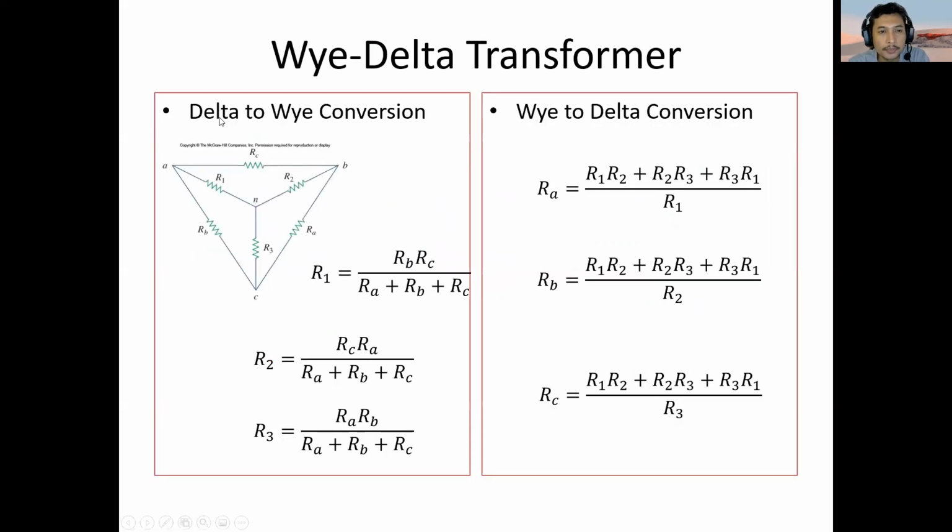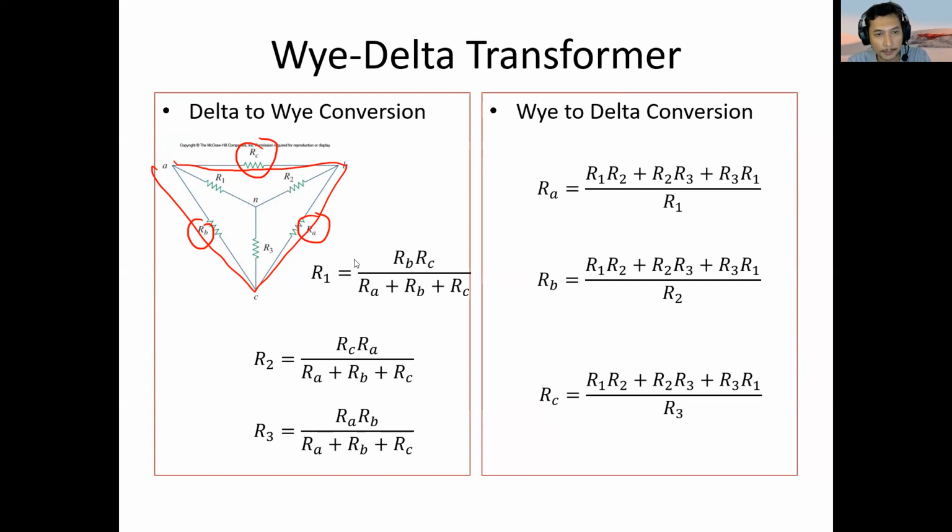For example, given a delta, this is your delta connection, which is represented as RA, RB, and RC. How do we change this delta RA, RB, RC to its equivalent R1, R2, and R3?